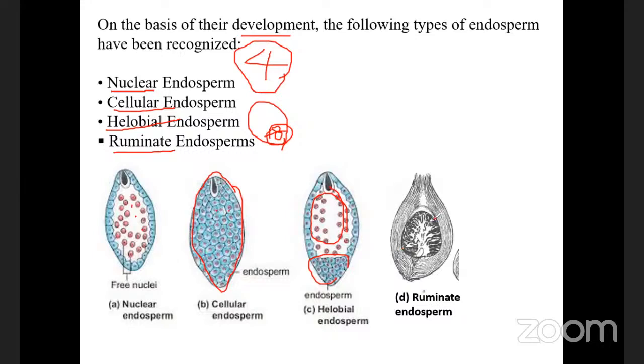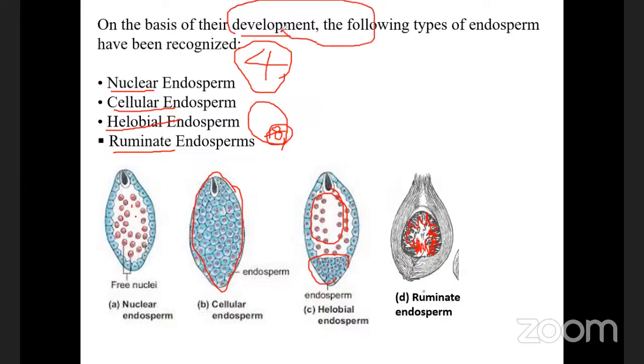After formation, at maturation of the endosperm, it will be folded and forms an uneven-shaped endosperm. That is ruminate endosperm. Also the aleurone layer, the outer layer of the endosperm, we will discuss. These are the types of endosperm based upon development.